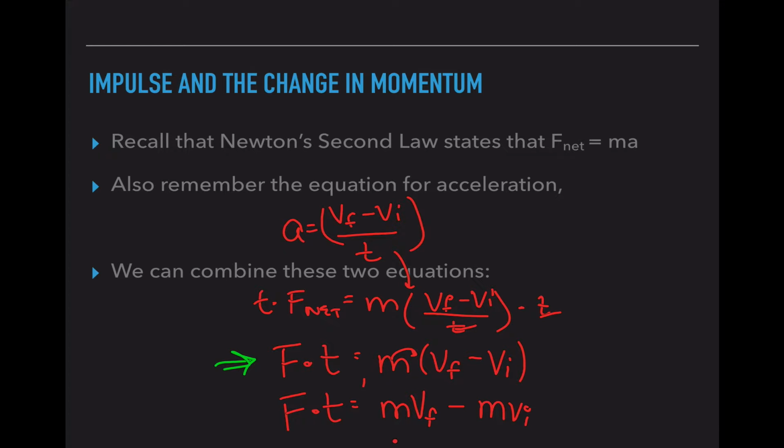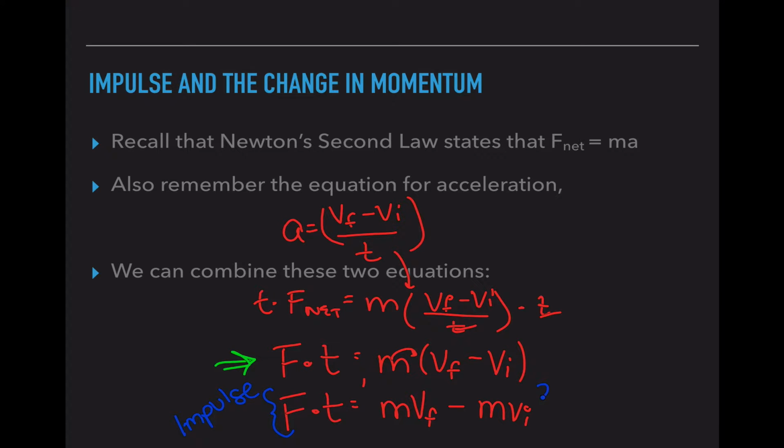Okay, so there are two important things here. F times t, this entire side of this equation, this is impulse. There is no symbol. F times t is impulse. It's not I, it's just force times time.